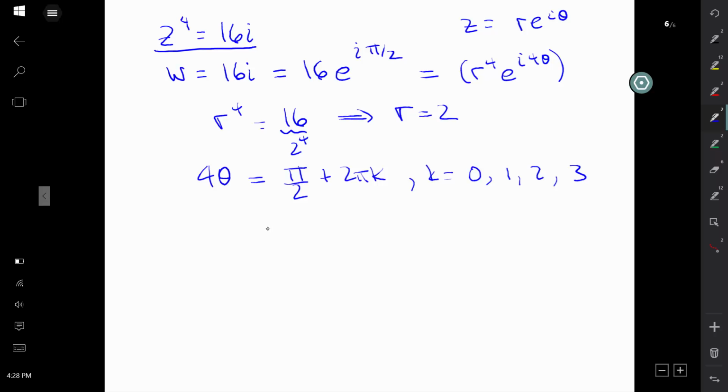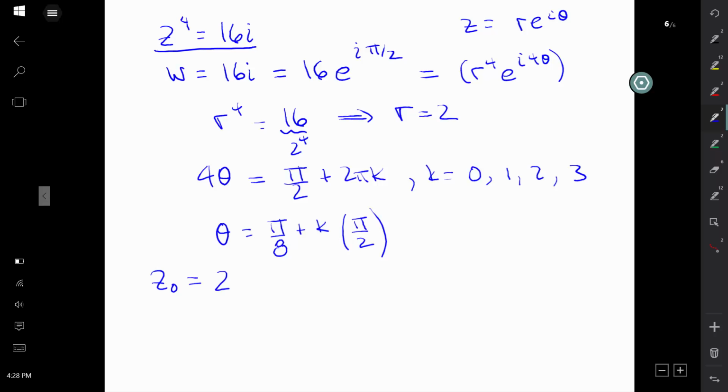Since I'm dividing by 4, theta in this case would be pi over 8 plus k times, if I take 2 pi and divide by 4, I end up with pi over 2. And so that means that my solutions here, I get 4 of them.